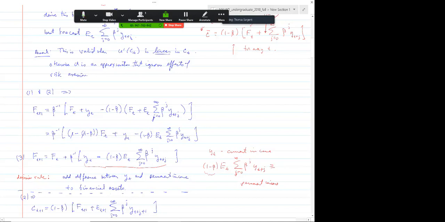And what this expression says is you look at the gap between your current income and your permanent income, and you add a fraction, which is beta inverse, the interest factor appears again, to your current assets. So if your current income is greater than your permanent income, most of what you do is save. If it's less, you borrow.